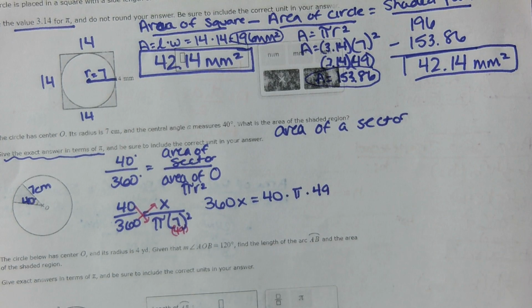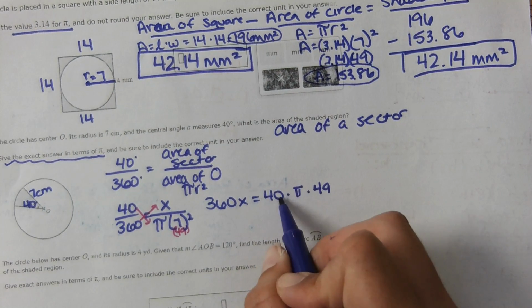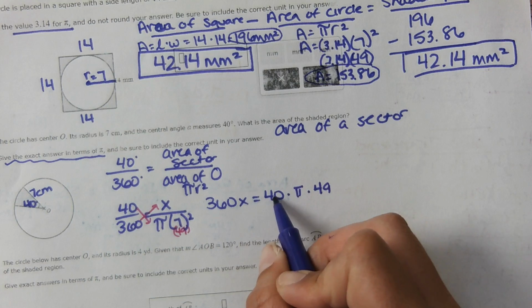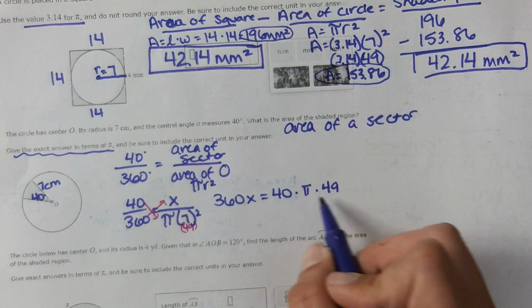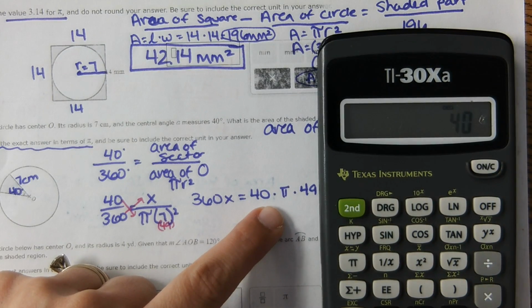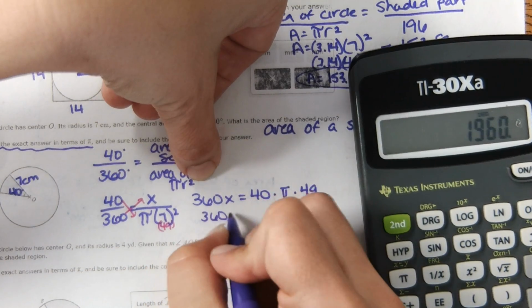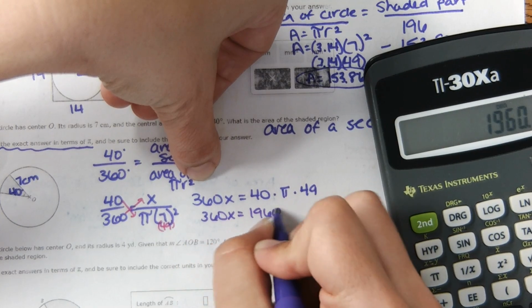You could do that all in a calculator, but I wanted to show it. It wants the answer in terms of pi, so in this case we're not going to even multiply by pi, we're just going to do 40 times 49 and leave pi the way it is. So in the calculator, 40 times 49 is this number, so I get 360x equals 1960 pi.